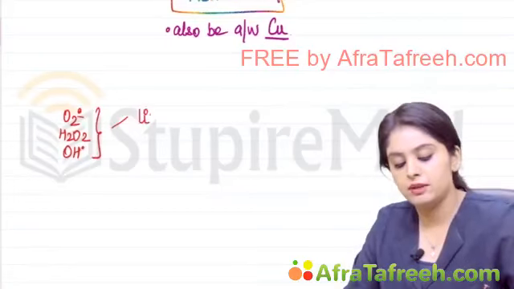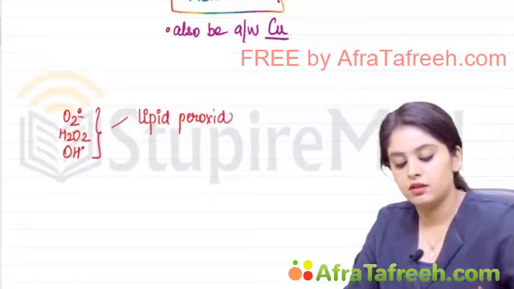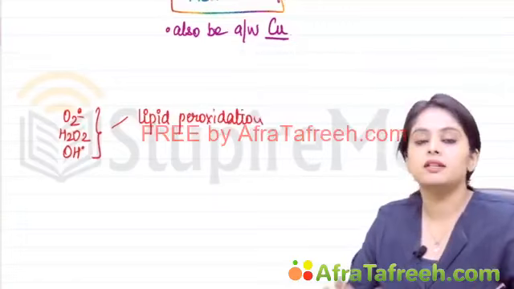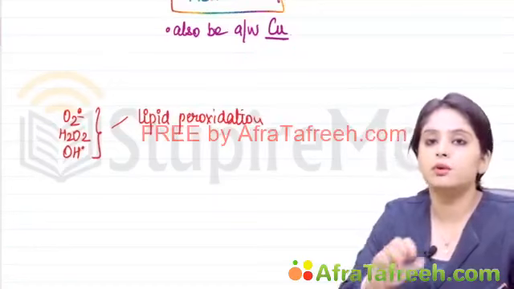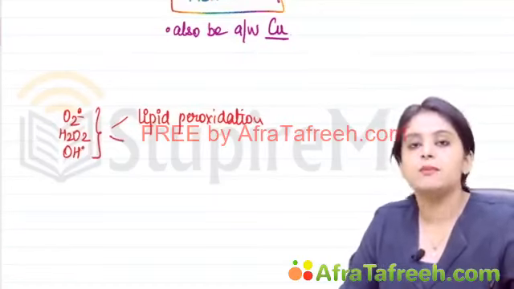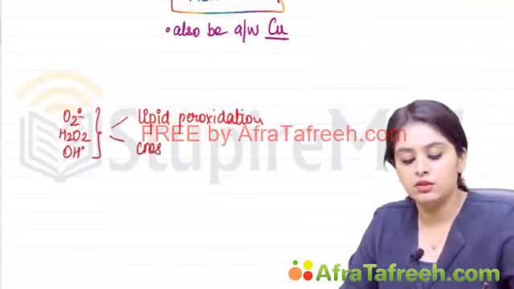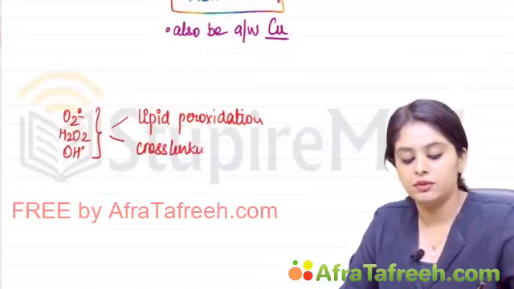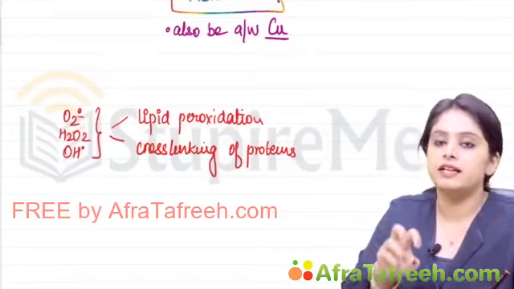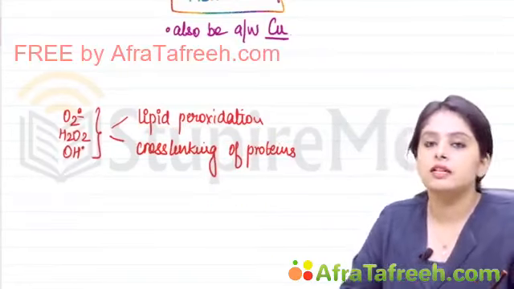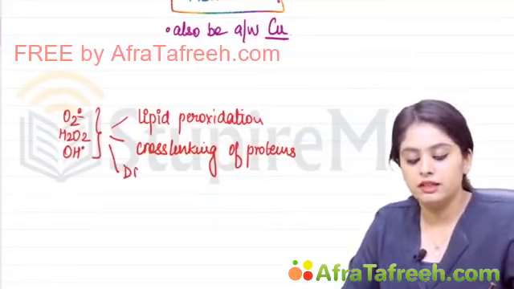They cause lipid peroxidation. After the cell membrane, inside the cell, we have proteins. How do they damage the proteins? They cause cross-linking of proteins. After that, inside the cell, we have the nucleus. In the nucleus, they are going to result in DNA damage.